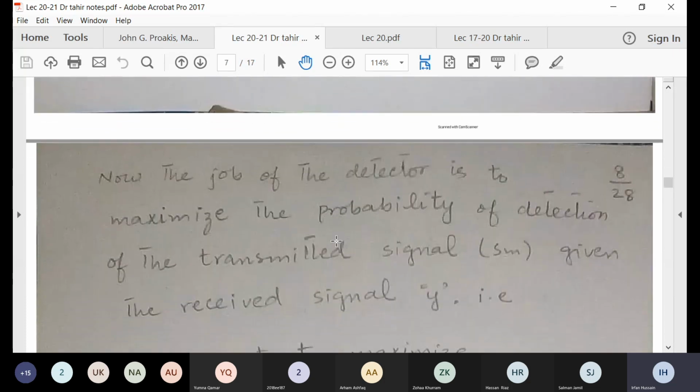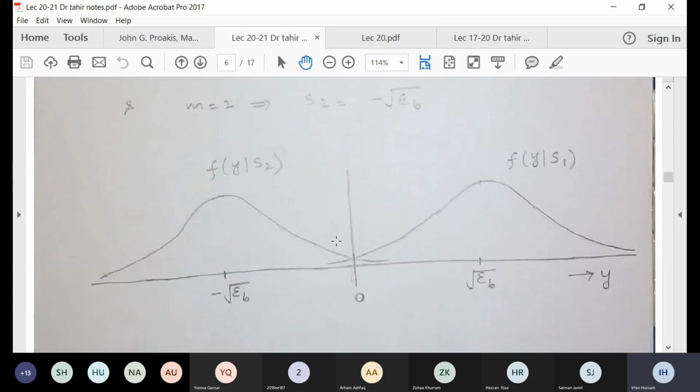So what is the job of the detector? The detector has to maximize the probability of detection, but at the same time it has to minimize the error.